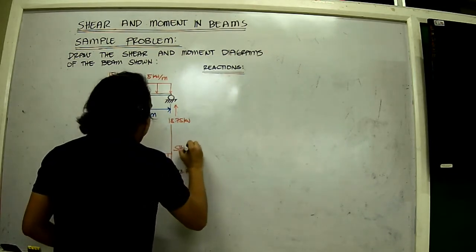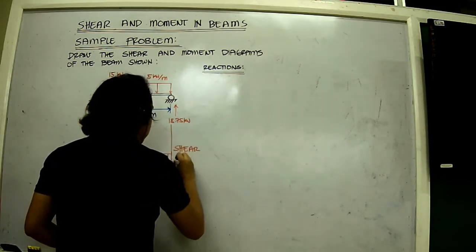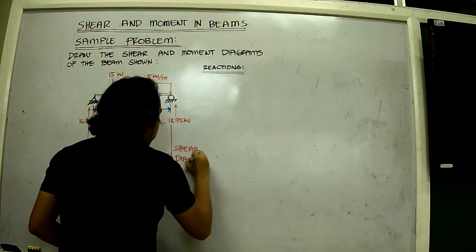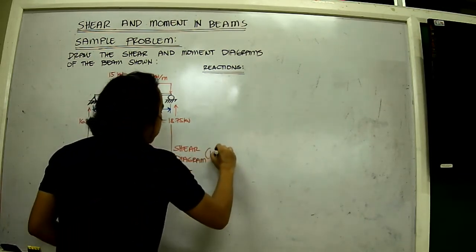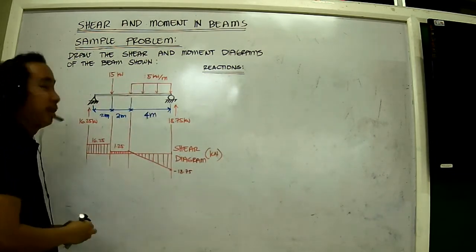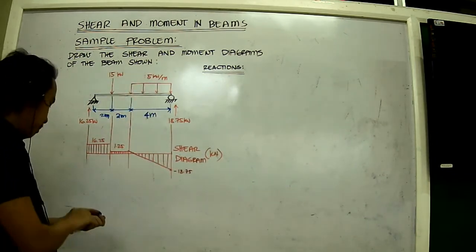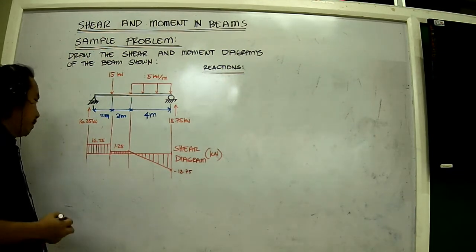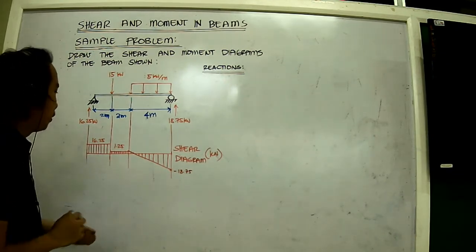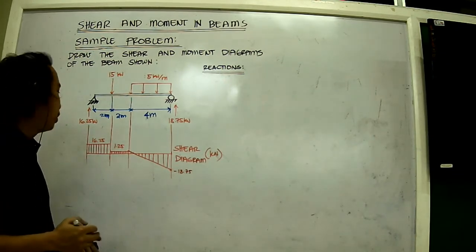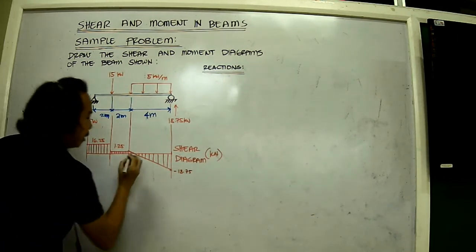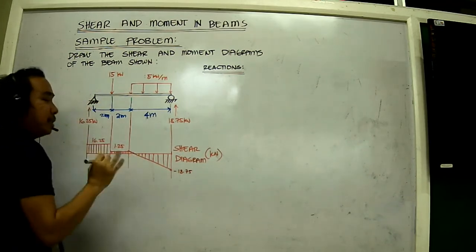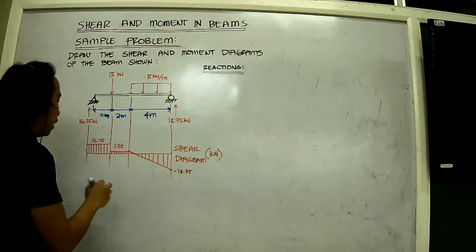This is our shear diagram. Interesting points here: there is a point in which the shear is 0. How do you solve for that?